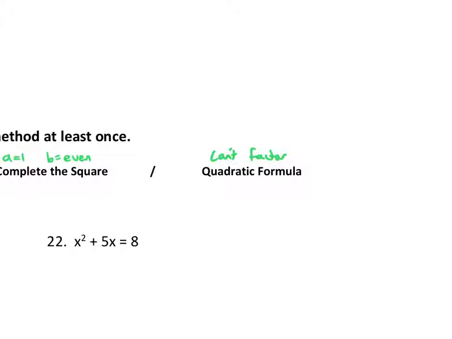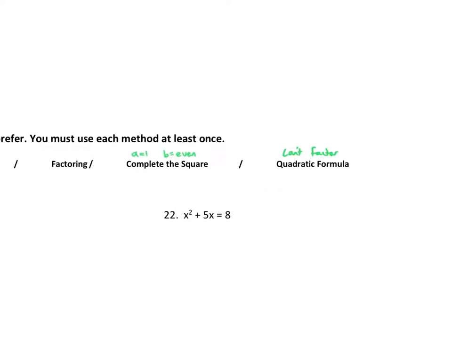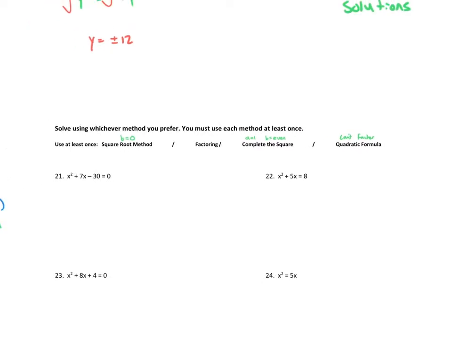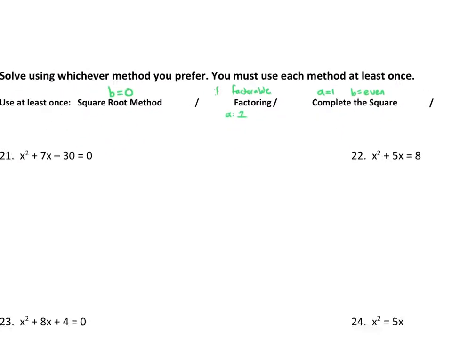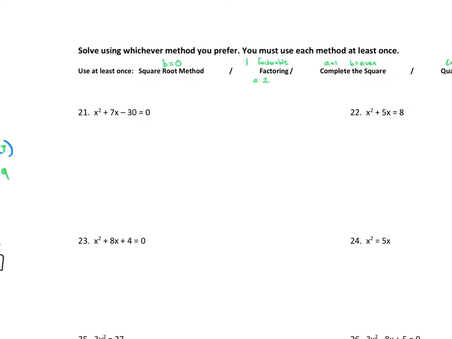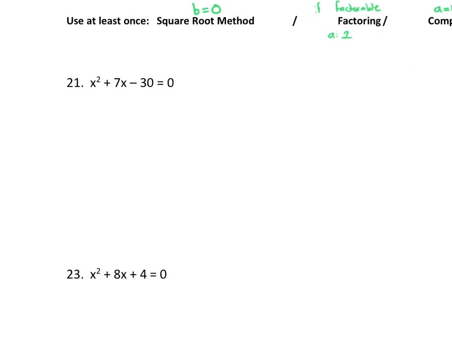It's longer, but it's the most reliable. And then factoring can be done if you see that it's factorable. So if I had to choose, I would most likely only attempt factoring when a is equal to 1, making it the easy type. So let's look at 21.